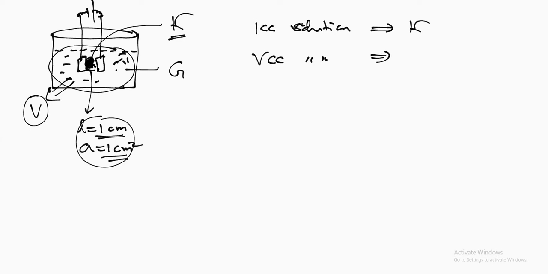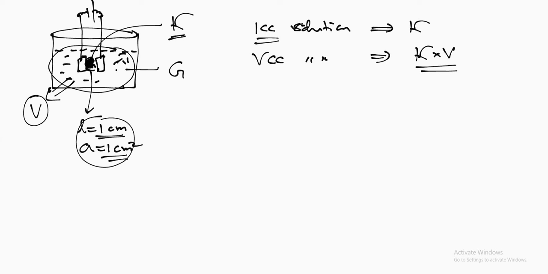Students, 1 cc means the solution which is present exactly between the two electrodes. That solution will give some conductance, that is nothing but kappa. Now my question is, what is the total conductance? If the entire volume of the solution is V cc, what is the total conductance? Which is nothing but kappa into V, correct?